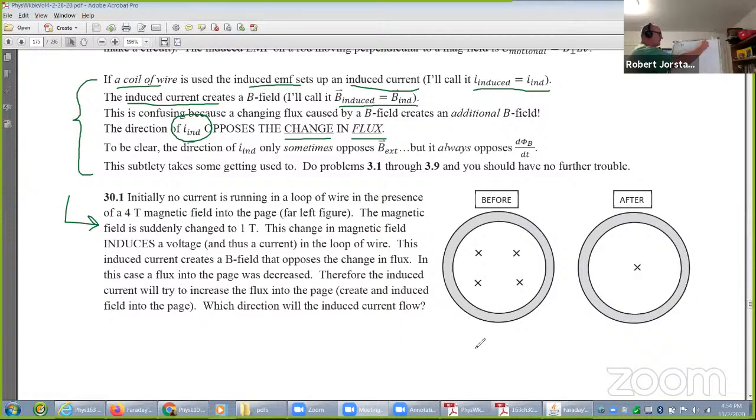This is after. This is problem number 30.1. I'm just sketching it out on my page so I have it. Oh, whoops. After there's only one X.